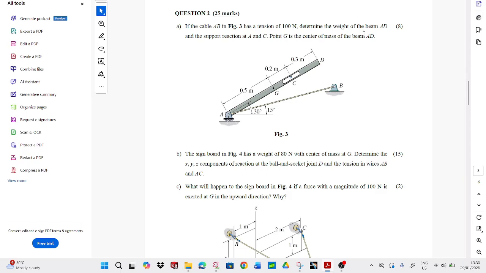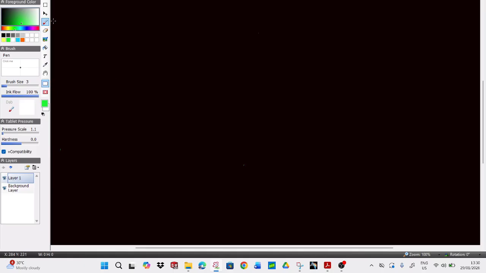Okay, so for this question, sorry, go back to the question. So for question 2, part A, we're going to draw the free body diagram. So this is the free body diagram of the beam itself.